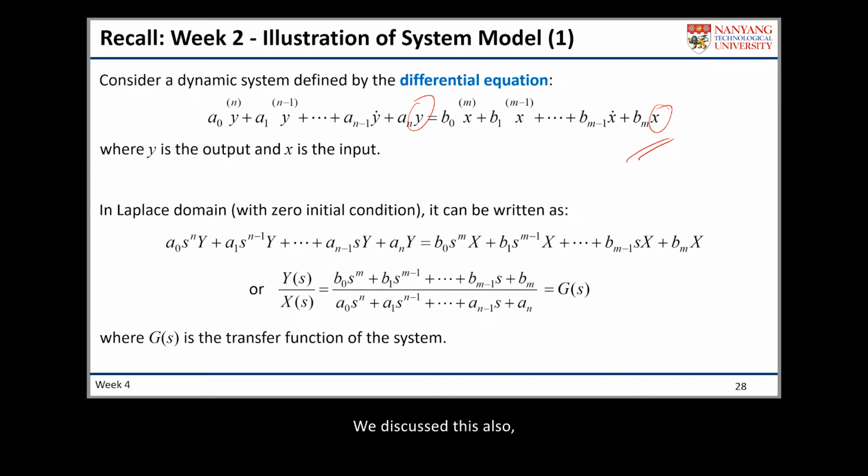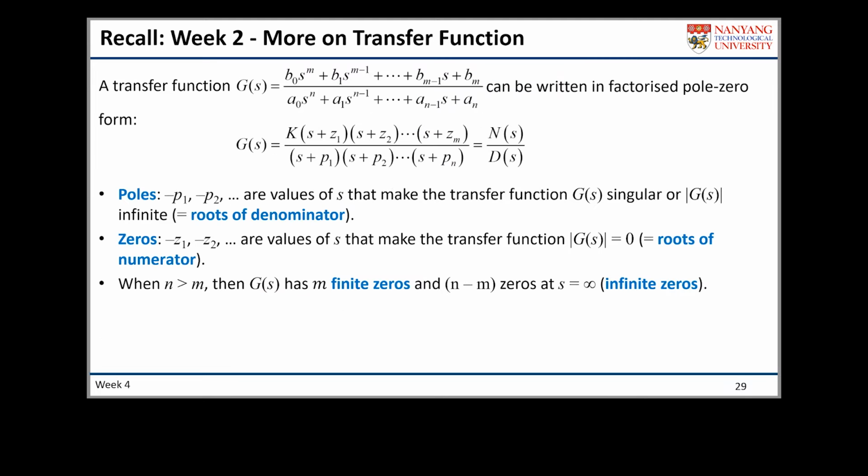We discussed this also. So what is a transfer function? The transfer function is the ratio of output to the input in the Laplace domain when we consider all the initial conditions equal to 0. So again, I rewrite the transfer function.